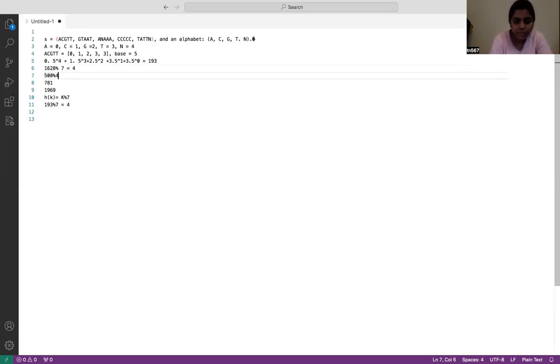Here we get the hash value to be 3. Here we get the hash value to be 4 again. And next we get the hash value to be 2 for the last one.